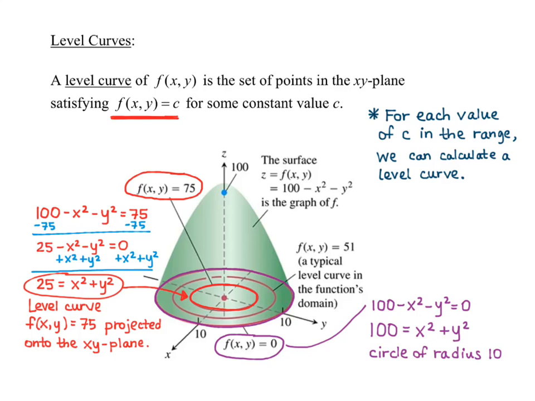So if you go hiking and you look at a contour map of some terrain, you'll see the different level curves of the terrain, and by each level curve you'll see a constant that represents the elevation. So that's a good example of where a contour map and level curves are really used to display some type of useful information.